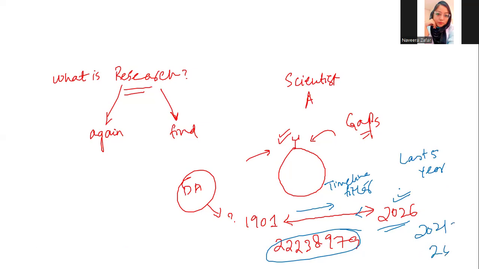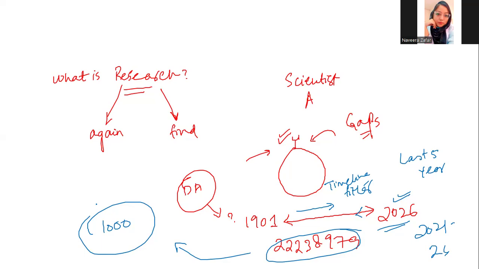Now let's suppose the number reduced to 1,000 articles. This amount is sufficient for us to filter further.